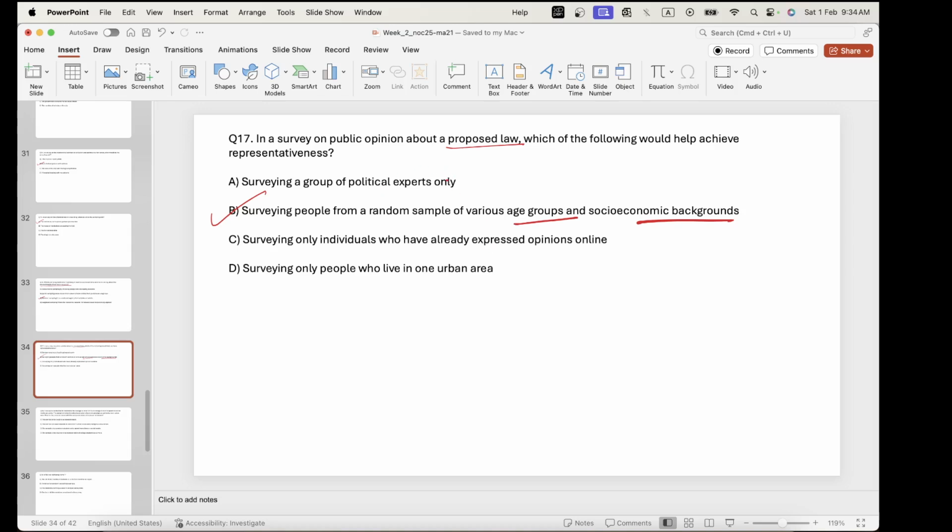Whenever a law is proposed, it doesn't only affect political experts, it doesn't only affect individuals who express their opinion, nor does it only affect urban areas. When a law is passed, it's passed for the public. So all people should be sampled randomly across age groups and socioeconomic backgrounds.